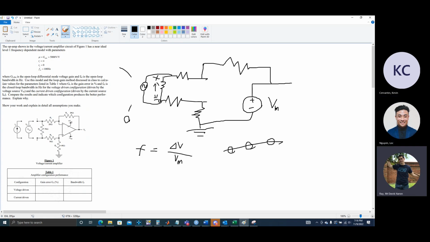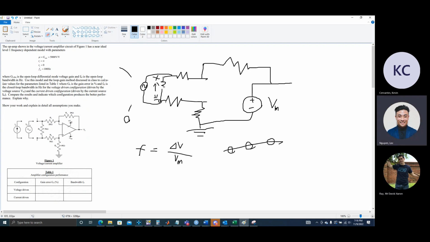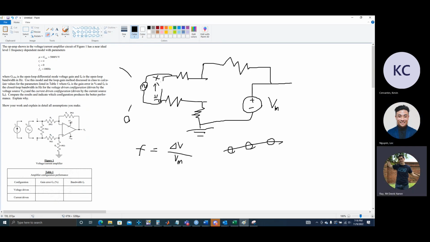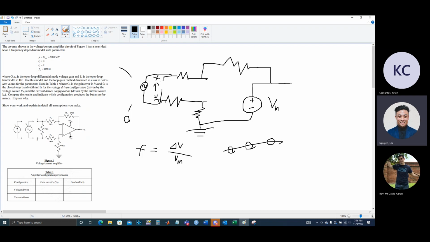And since there's no voltage drop across this line, that means that this resistor disappears. Yeah, pretty much. It's because current will take the path with the least resistance. Oh yeah, it'll just go straight through the source rather than the resistor. Right, the least resistance. Yeah.